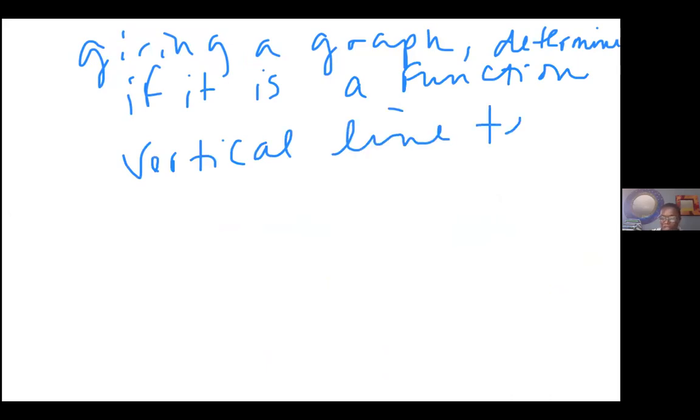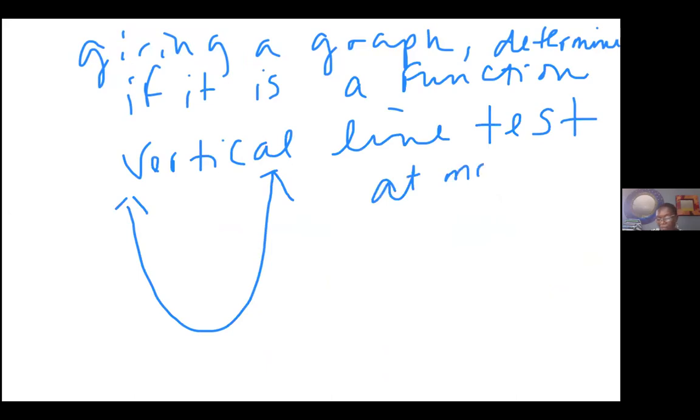A vertical line drawn anywhere on a graph can intersect the graph in at most 1 point for it to be a function. So a vertical line drawn anywhere on a graph can only intersect the graph in exactly 1 point for it to be a function. So guys, here's a graph.